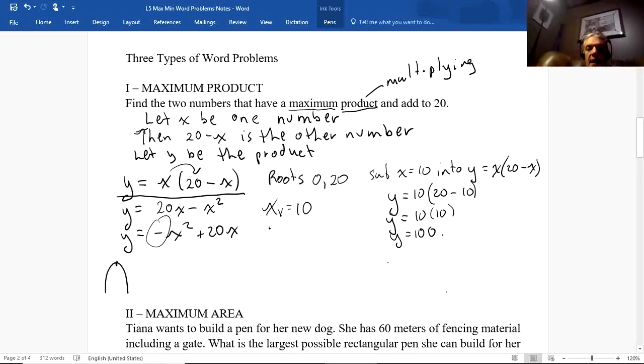And so my vertex works out to be (10, 100).